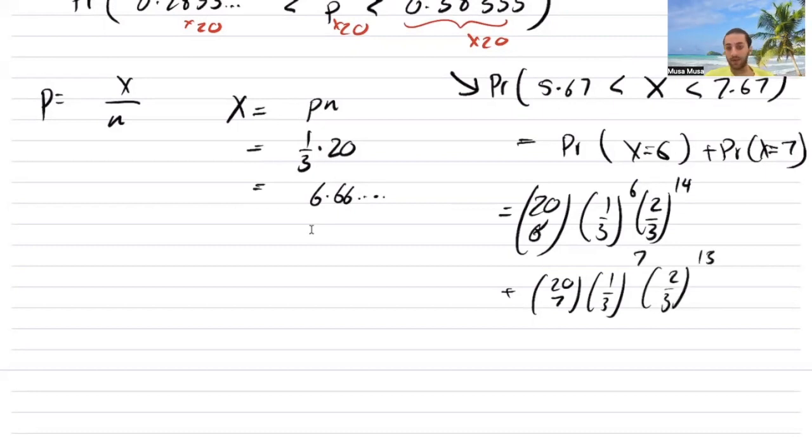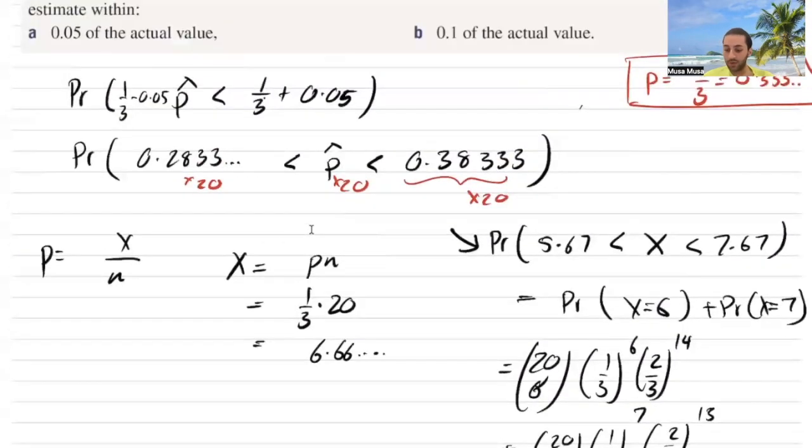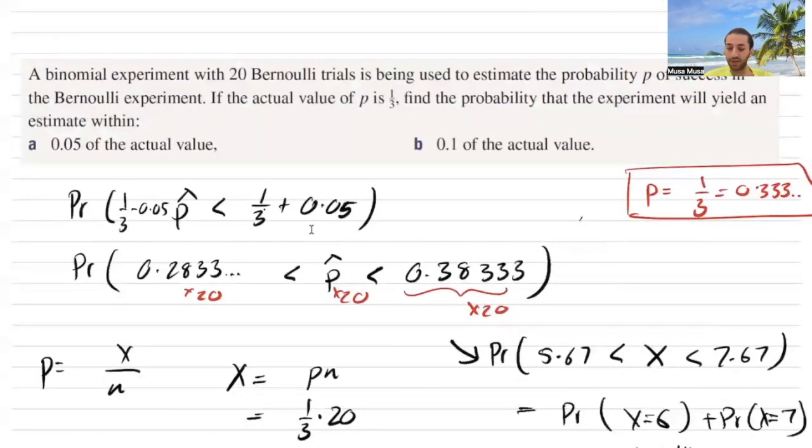And then you evaluate what this is. So that's the idea. If you have questions where you're not going to be using the normal distribution, and you're not going to, because I sort of mentioned it here, then convert it from being a sample proportion question to being a normal binomial distribution question. It's a lot easier to solve that way.